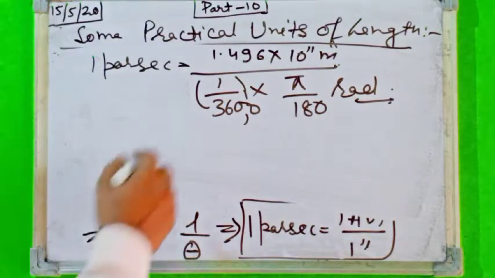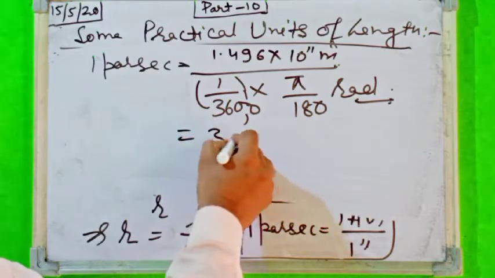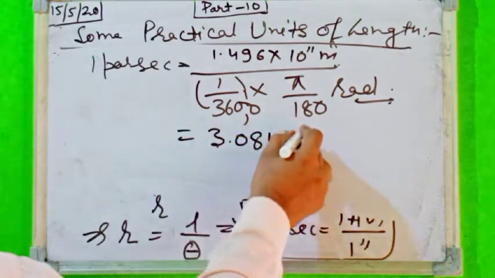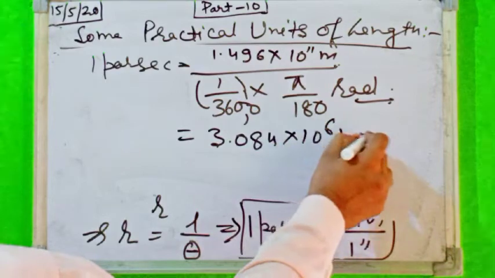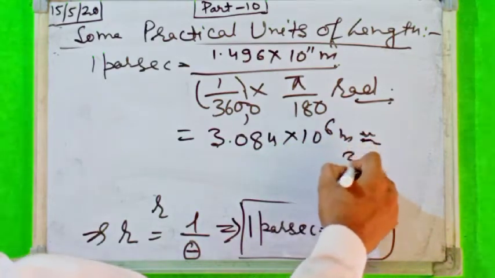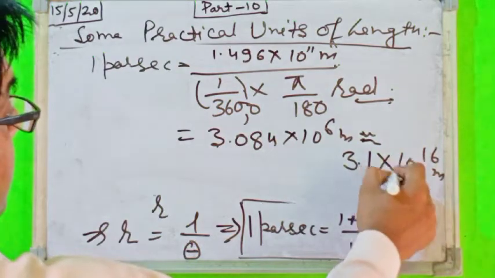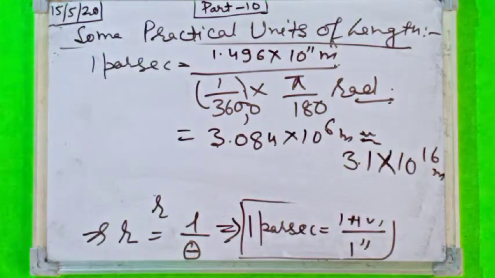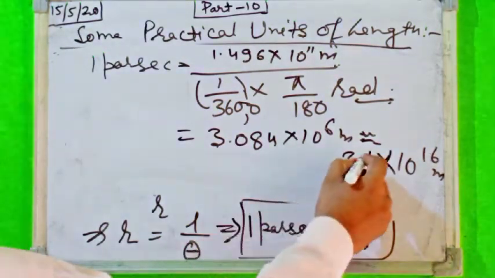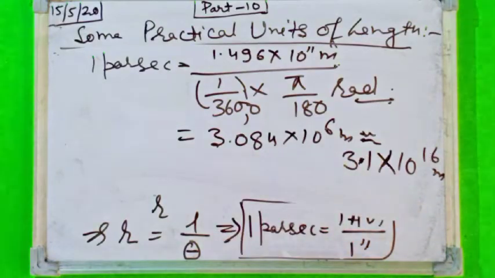So it will give the value 3.084 into 10 to the power 16 meter, approximately equal to 3.1 into 10 to the power 16 meter. This is the value of 1 parsec, 1 parallactic second.